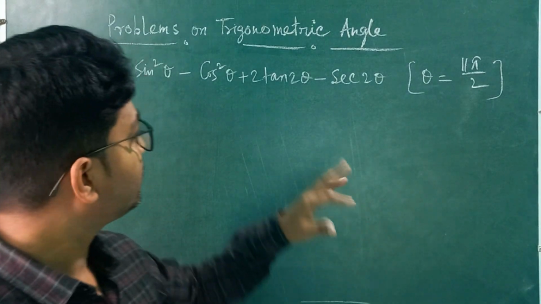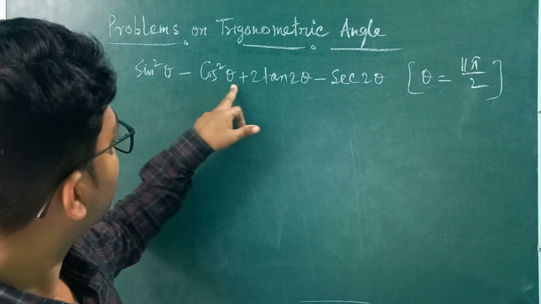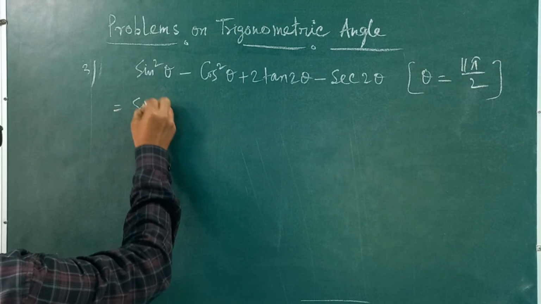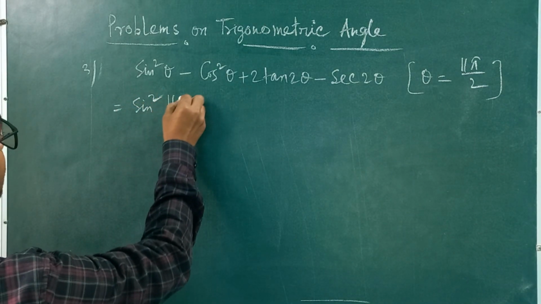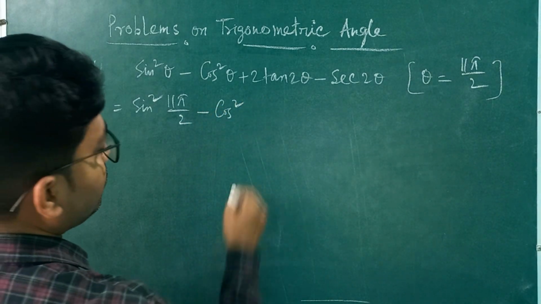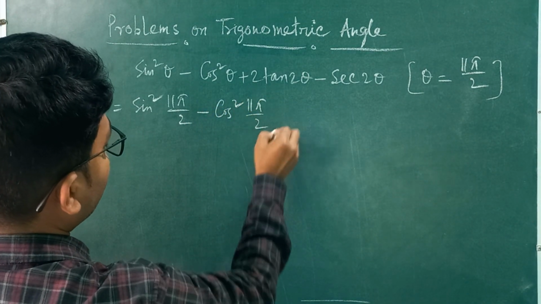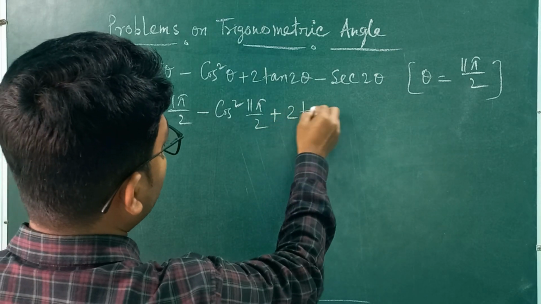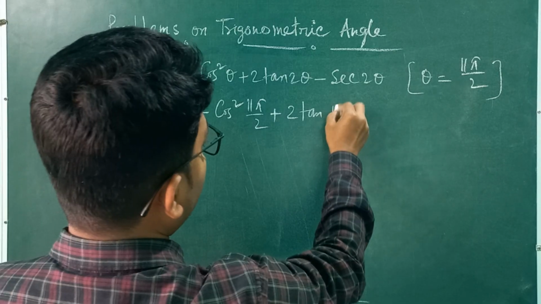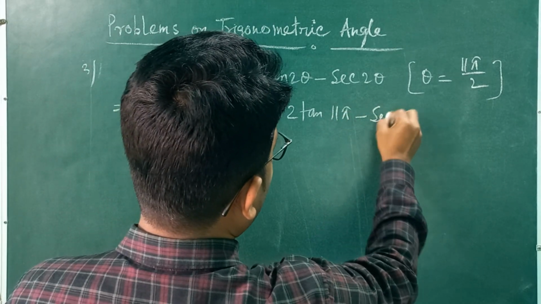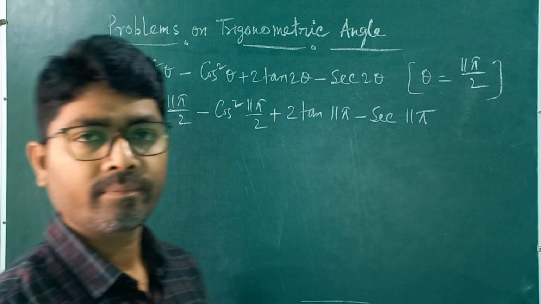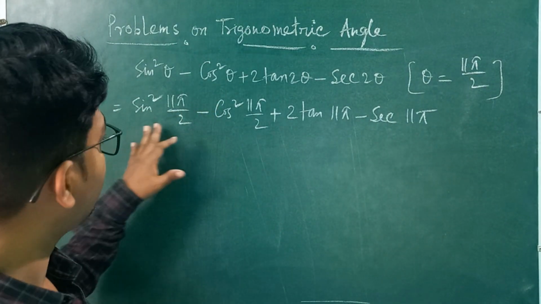So first of all we apply the angle in theta and see what it becomes. Sine square 11 pi by 2, cos square 11 pi by 2, tan 11 pi, and sec 11 pi. Clear? Then we break.